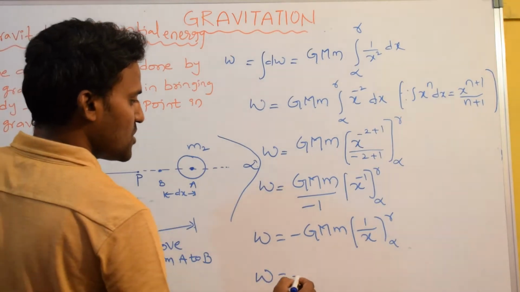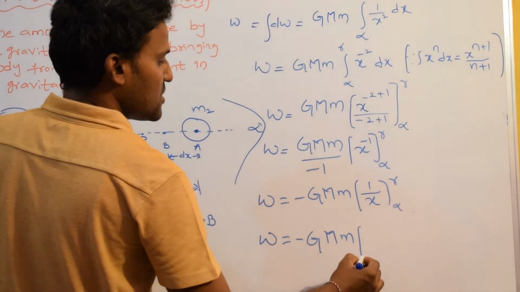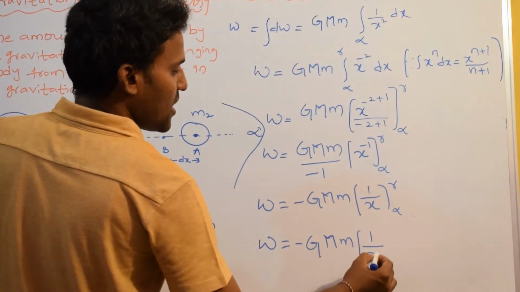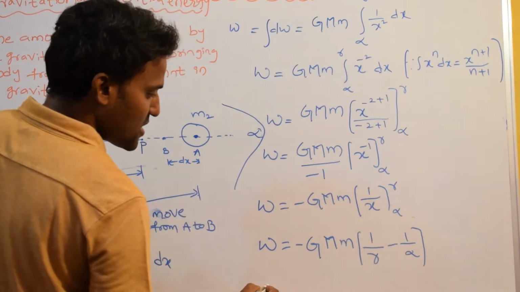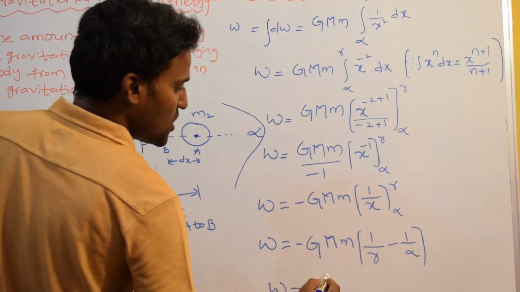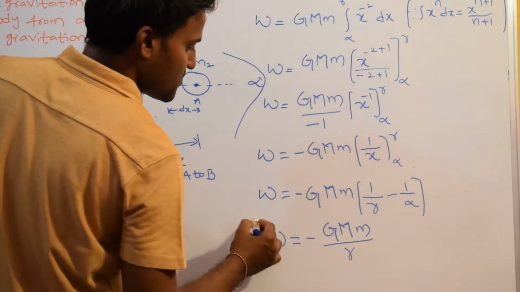W is equal to minus G M m, 1 by r upper limit minus lower limit. So 1 by infinity is 0. W is equal to minus G M m divided by r.